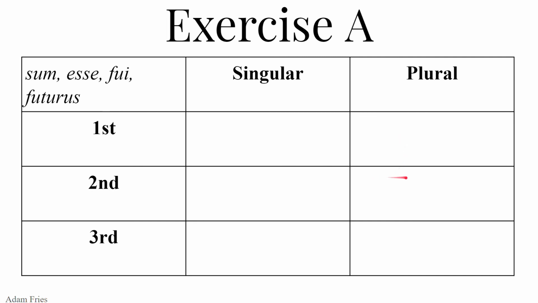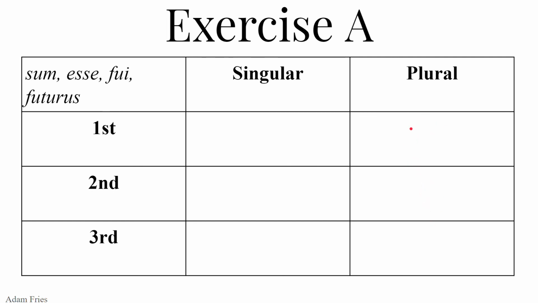Second person plural, estis, ye or y'all are. And third person plural, sunt, they are. We also have existential sunt, which means there are. So altogether, sum, es, est, sumus, estis, sunt.